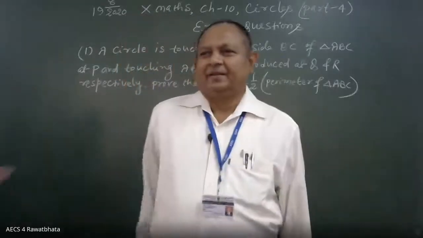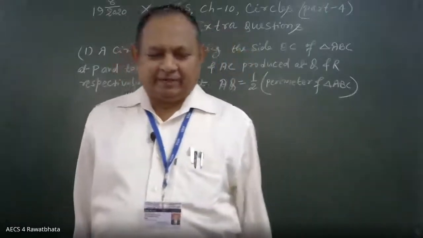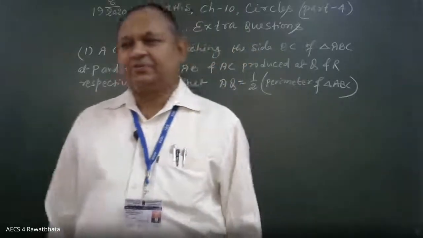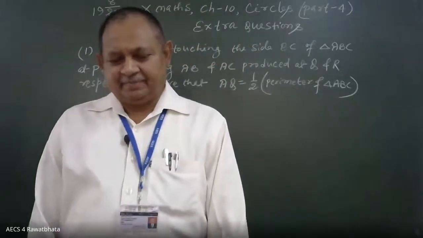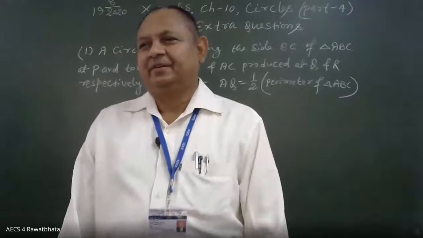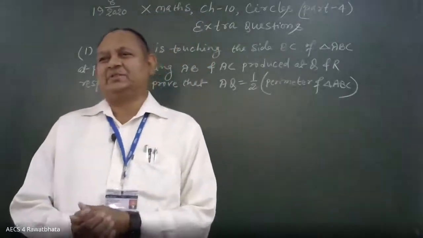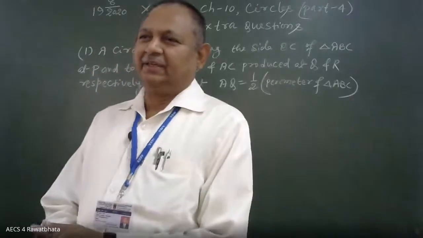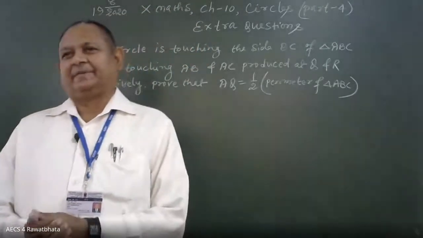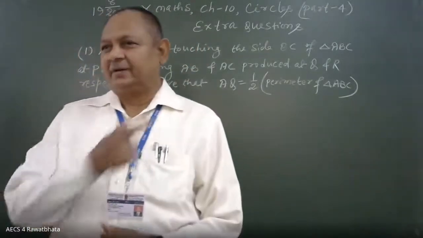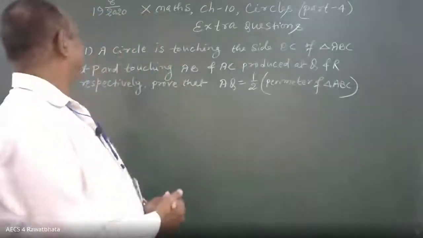Okay. Then today we are going to solve some extra questions which are not given in your book, but these questions are frequently asked in the examination. So first note down the first question.